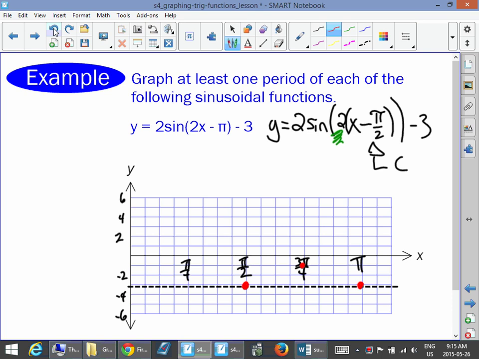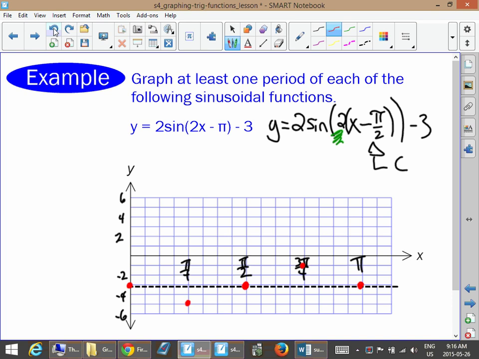Well, if we follow the convention of the sine curve, and the fact that the sine curve is continuous, in other words, it's one period, then another period, another period, then we should know that it'll go down to the minimum here and hit the axis right here. So it does start on the axis, but instead of going up, it'll start by going down based on that horizontal translation of pi over 2 to the right.